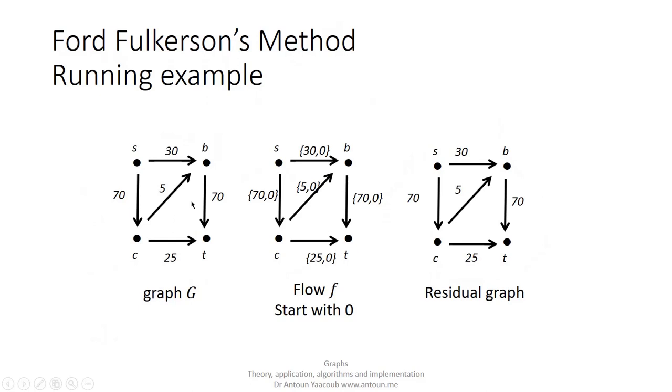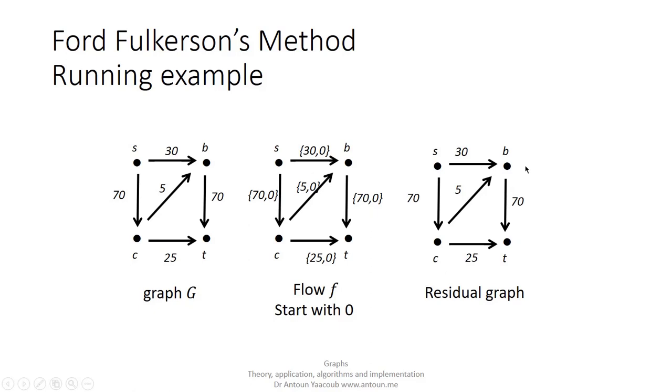So this is our running example. This is our graph, and we need to find the maximum flow from S to T. For that, we will start with flow 0, and obviously all the flows are equal to 0. As you can see, at first, the residual graph is equal to the graph, because in the opposite direction there are no capacities and there's no flow, so 0 minus 0 is equal to 0.